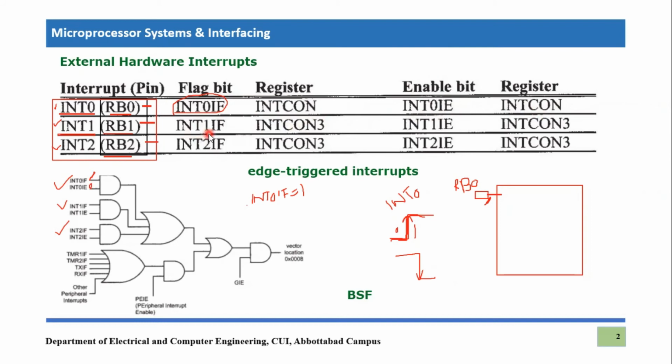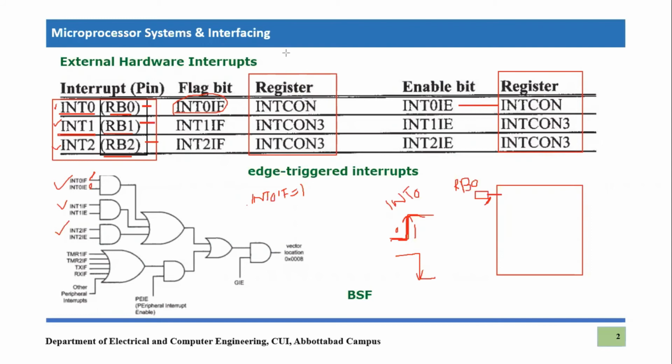Similarly, interrupt 1 IF flag is present in interrupt control 3, and interrupt 1 IE bit is also present in interrupt control 3. So these are the names of registers in which your flag bits are present: interrupt 0 IF, interrupt 1 IF, and interrupt 2 IF. And these are the registers in which you can find your enable bits: interrupt control 3, and interrupt control 3. So interrupt 0 is present in interrupt control, interrupt 1 is present in interrupt control 3, right?